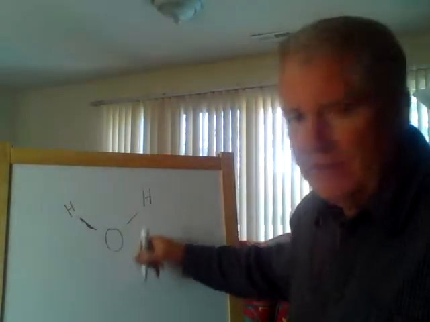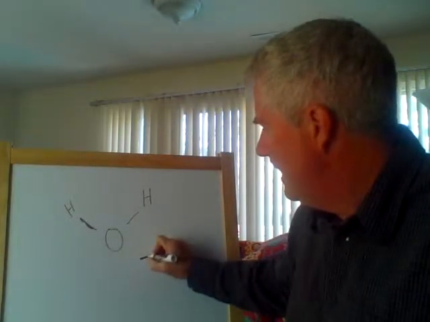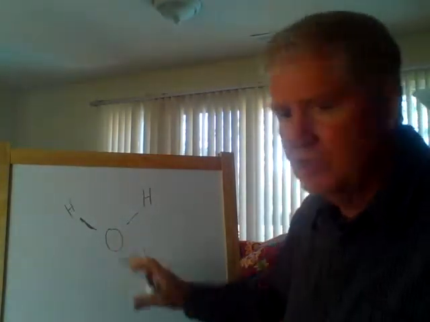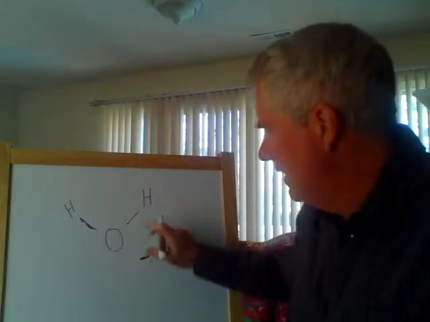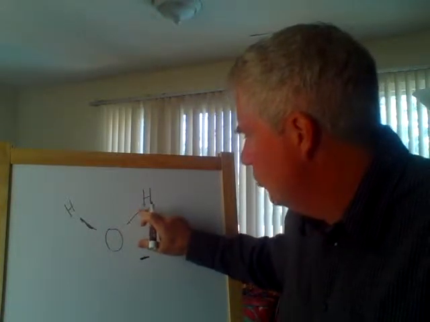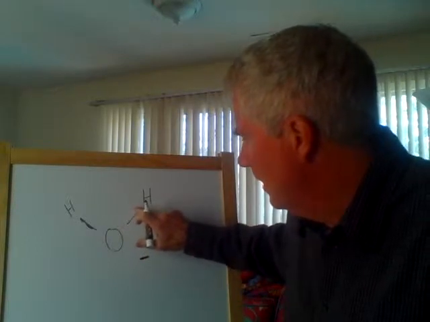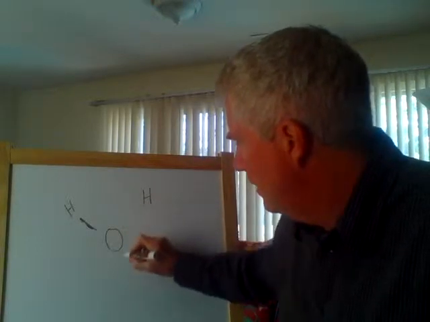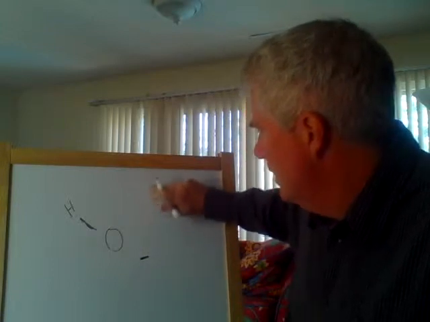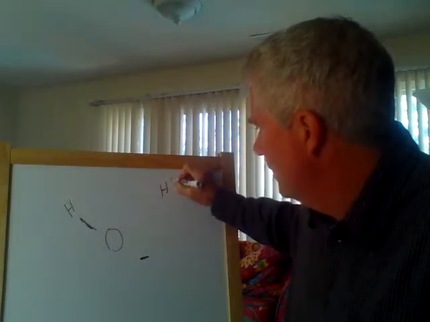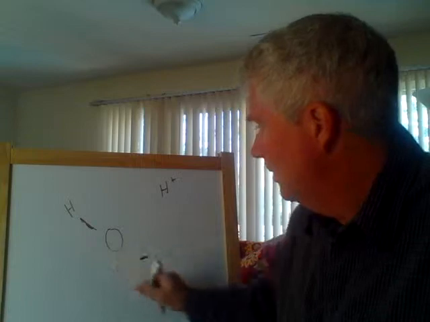The bottom side, the oxygen side, has a negative tilt because oxygen is inherently negative. If oxygen were to steal an electron entirely, it would become negatively charged, and the H would go off without an electron and be positively charged, right?